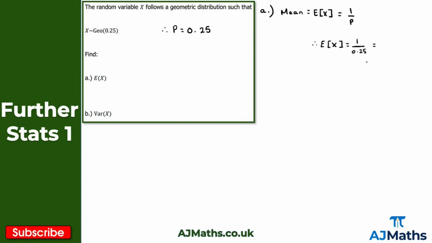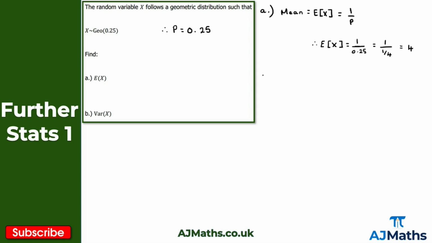So 1 divided by a quarter. If you divide by a quarter, it's the same as multiplying by 4. So 1 times 4 gives me 4. That's the expectation of the random variable X, giving us 4.